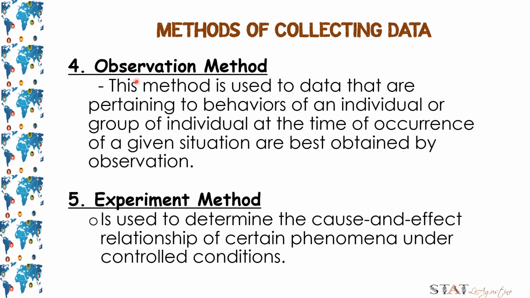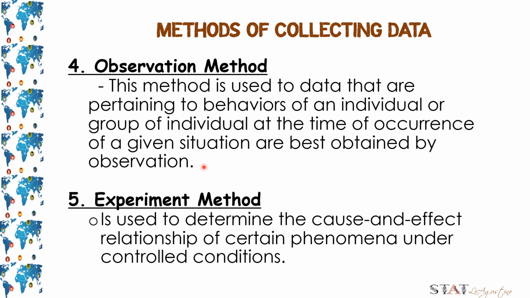And the observation method, usually used in social researches where they observe a certain phenomenon in its natural settings. This method is used because data pertaining to the behaviors of an individual or group of individuals at the time of occurrence of a given situation are best obtained by observation.